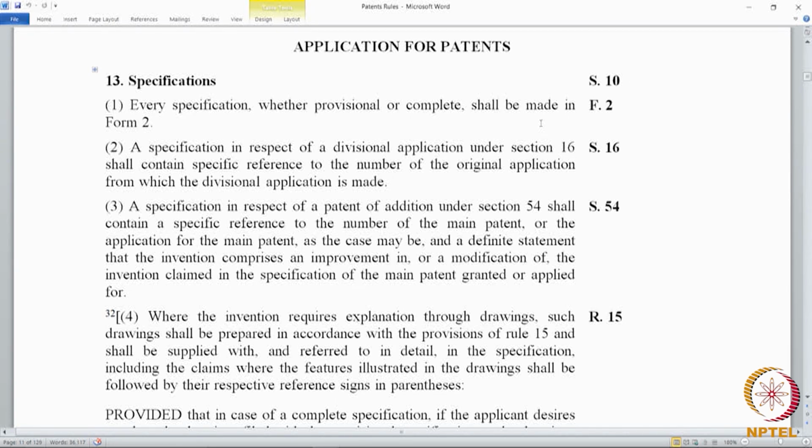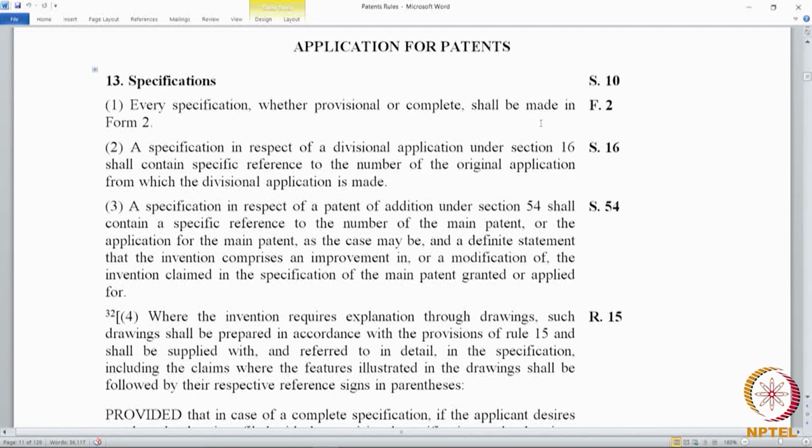Now, the analogy of a patent of addition could be found in section 9 and section 10, where it was mentioned if there were improvements or additions made. We specifically saw the language in section 10(7), where additions are made after the filing of a provisional specification.